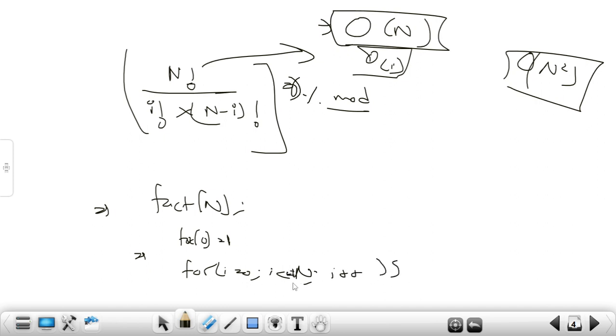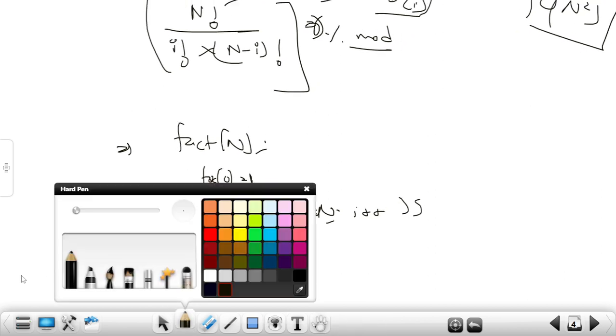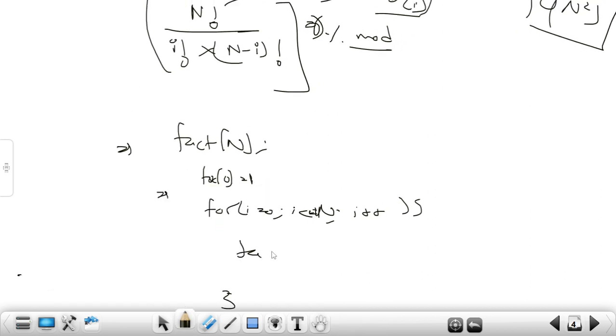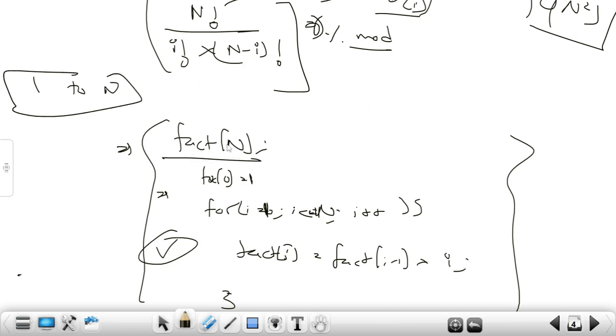After that, I'll simply do factorial of i is going to be factorial of i minus 1 into the current element that I have, i. I'll start from 1 here. Now this is how I will have factorial of all the values from 1 to n, so I will have a factorial array which has all the values from 1 to n.